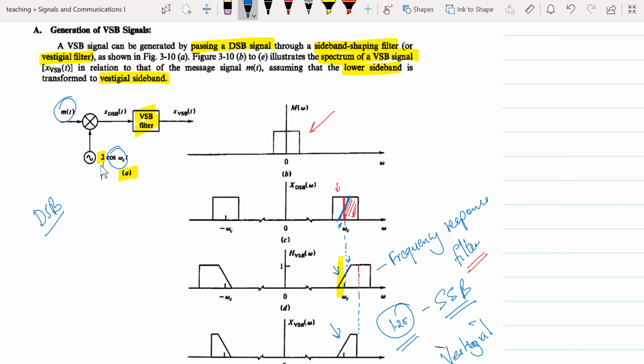The only thing we can observe here is that we have higher amplitude than we have done before, but we will see the effect of that shortly. Therefore, the output of our modulation is the double sideband modulated signal. But then before we transmit it, we have to pass it through a vestigial sideband filter. The filter is the one that we have just seen here, that will cut a portion of one sideband and a very small portion of the other sideband. Therefore, we end up with the spectrum that we have just seen here.